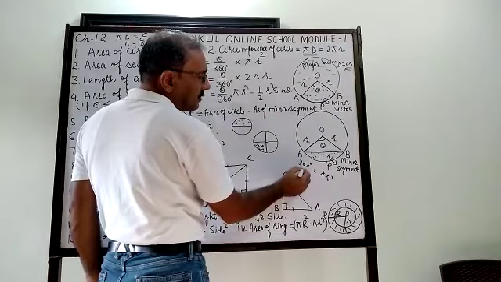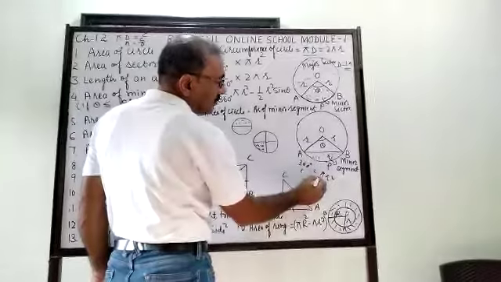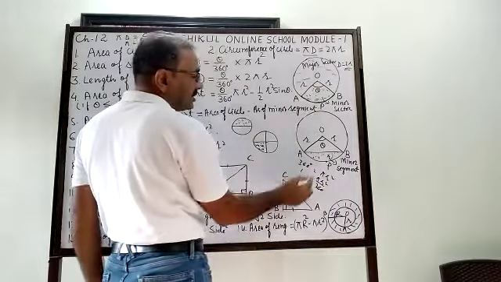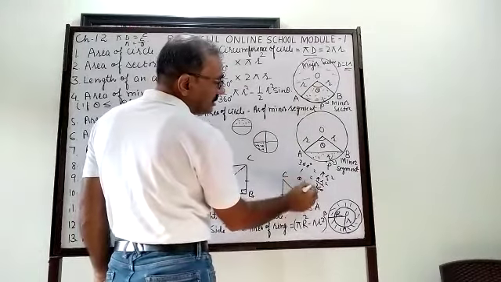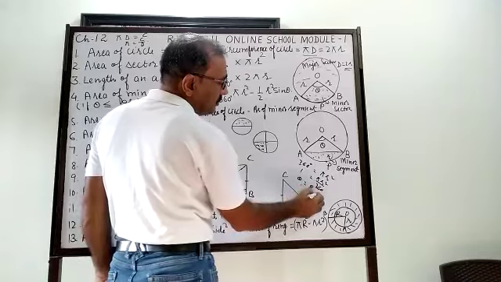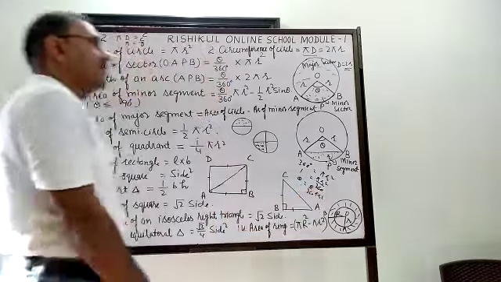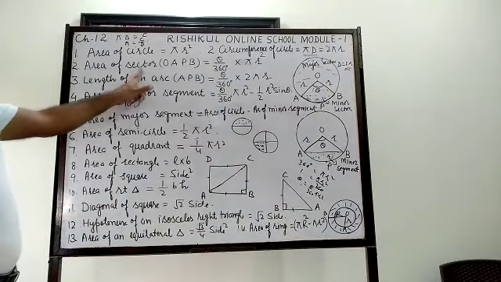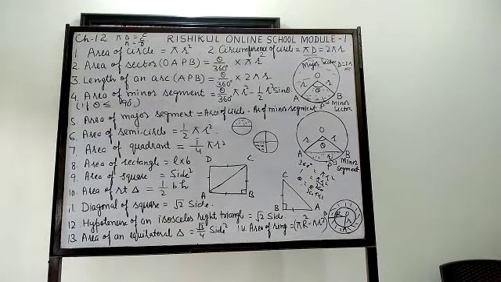If theta is 1 degree, it is pi r square upon 360. If the angle is theta, multiply by theta. Theta upon 360 pi r square. Clear? So area of sector is theta upon 360 pi r square.